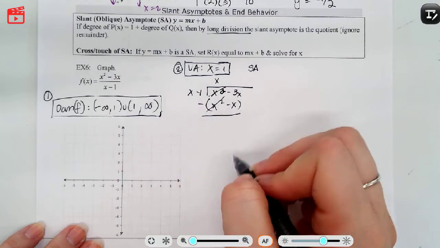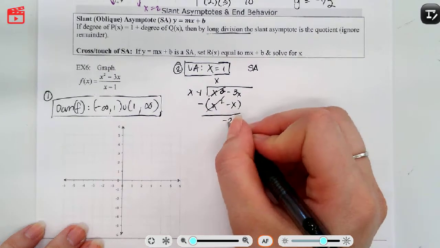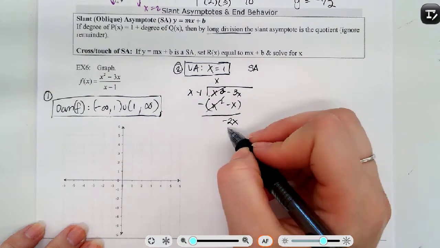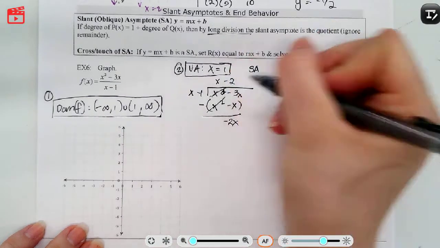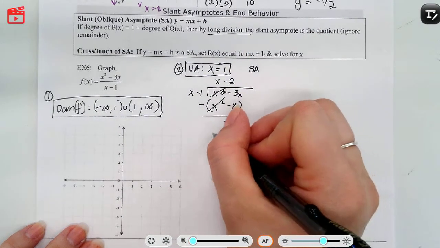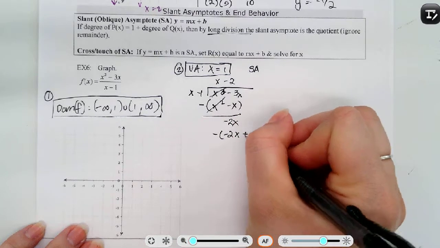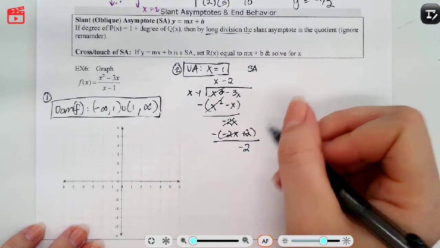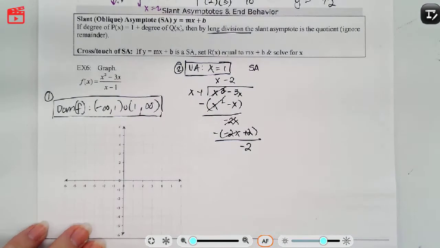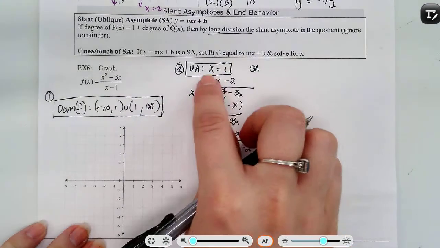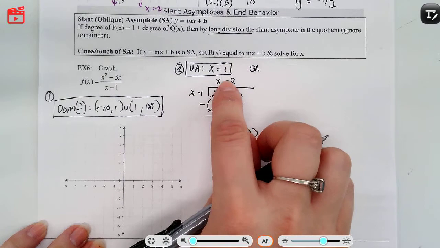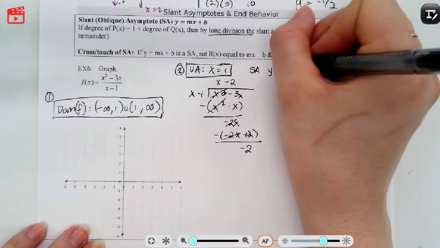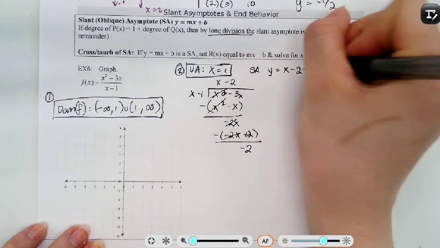Negative 3 minus negative x is going to be a negative 2x. How many times can x go into negative 2x? Negative 2. All right, multiplying that out, negative 2x times positive 2. Those cancel, and we're left with negative 2. So remember, we ignore the remainder, and all we focus on is what's at the top. That is the equation of our line. So for a slanted asymptote, we have the line y equals x minus 2.